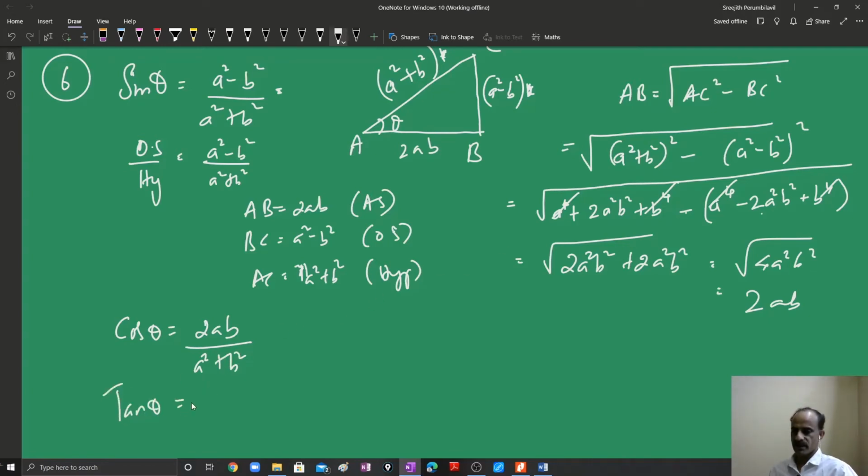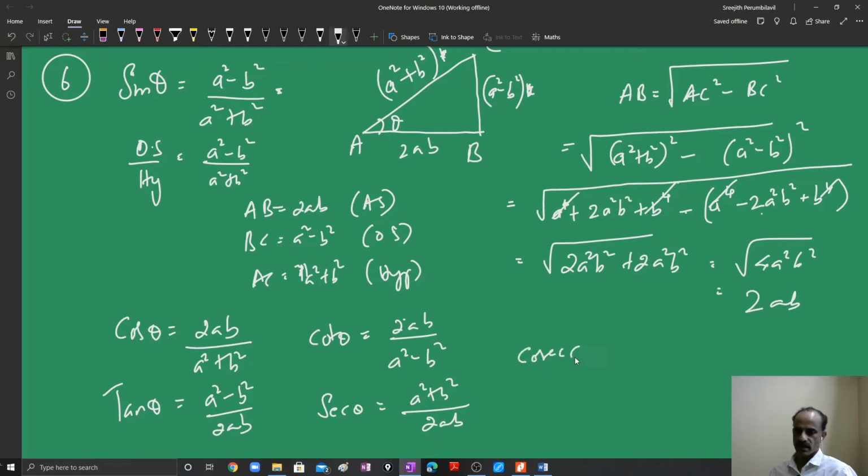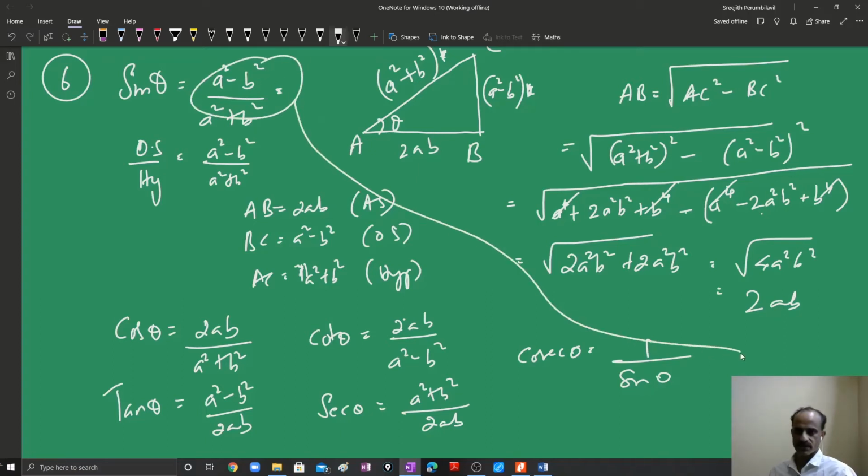Tan theta is equal to opposite side a square minus b square divided by 2ab. Cot theta, reciprocal of this, so 2ab divided by a square minus b square. Secant theta, reciprocal of cos, a square plus b square divided by 2ab, and cosecant theta, that is 1 by sin theta, reciprocal of this. That is a square plus b square divided by a square minus b square.